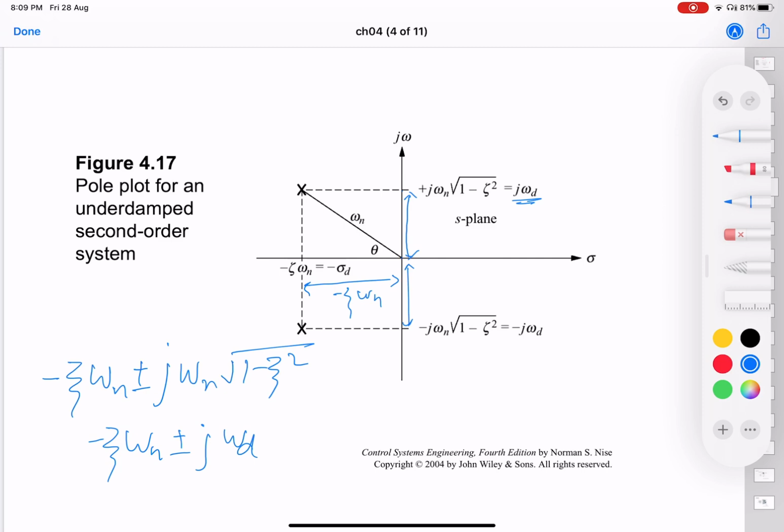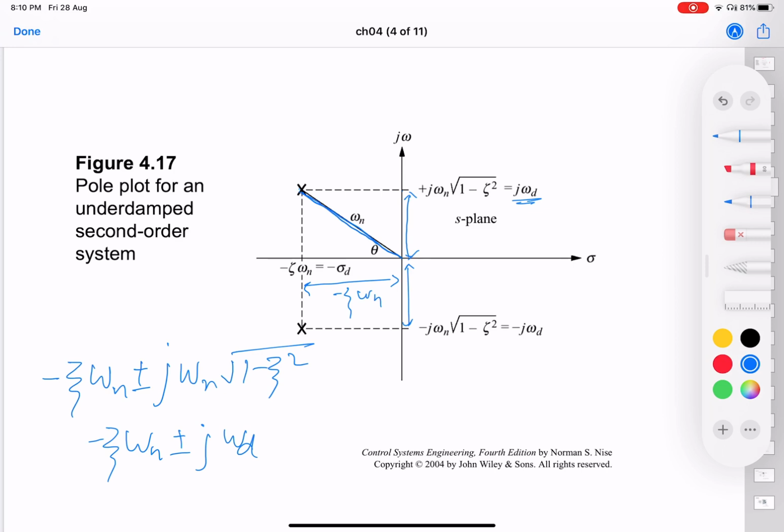And if you look at this in terms of the coordinates, the amplitude and argument of the complex number, because these are complex numbers, and instead of Cartesian coordinates you look in terms of polar coordinates, then this distance from the origin is equal to omega n.